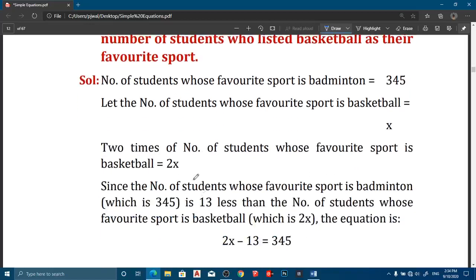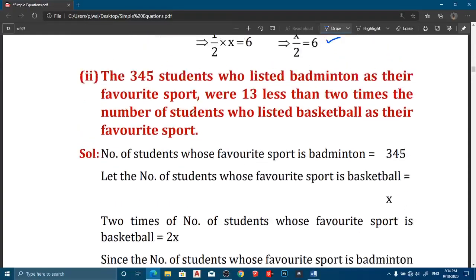So directly you can write it as 13 less than 2 times the number of students whose favorite sport is basketball is equivalent to the number of students whose favorite sport is badminton. It is 345, given. This is the problem. First you have to understand the meaning of the sentences.